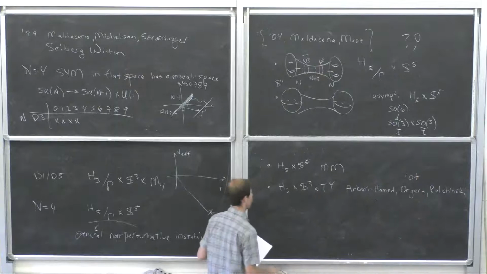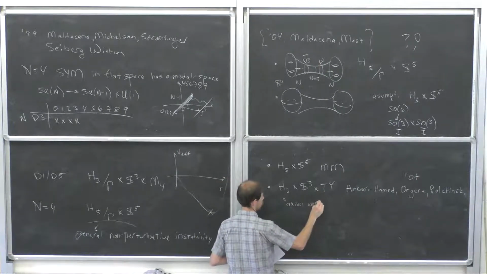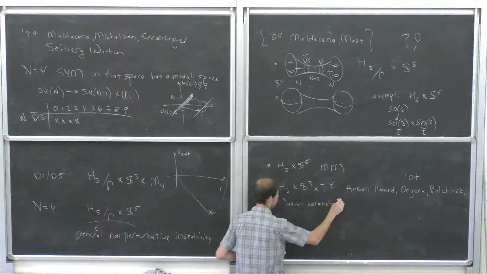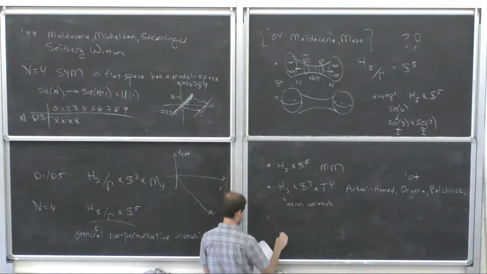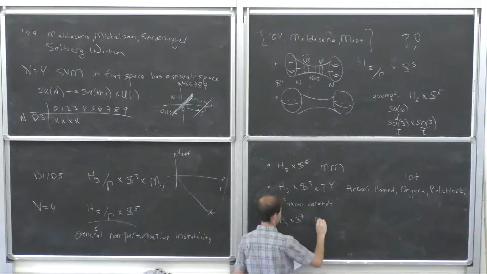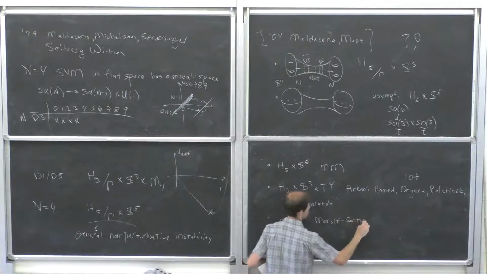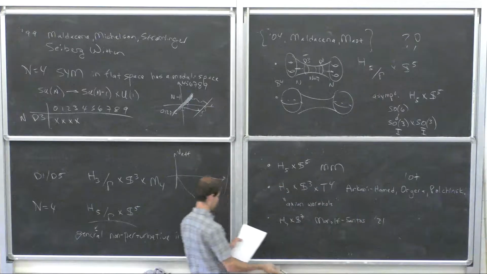An axion wormhole. I'll explain where that name comes from. And an asymptotically H4 times S7 wormhole of Marolf and Santos from last year.